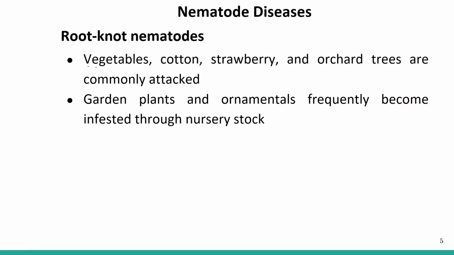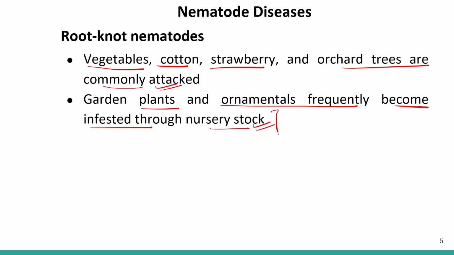They attack vegetables, cotton, strawberry, and orchard trees, which are commonly attacked by these nematodes. Garden plants and ornamentals frequently become infested through nursery stock. If they are present in the nursery stock, when we transplant those ornamentals from one place to another, they easily get infected.